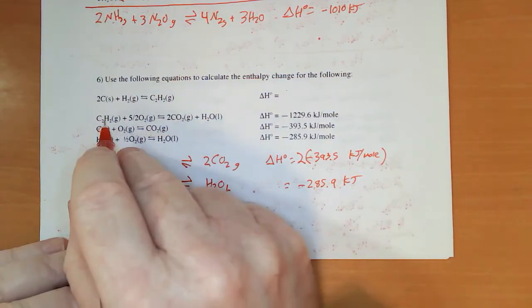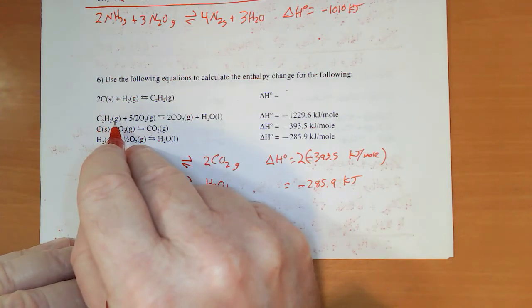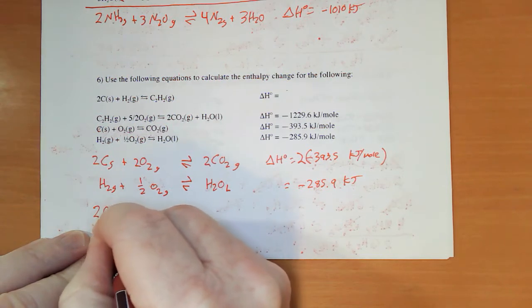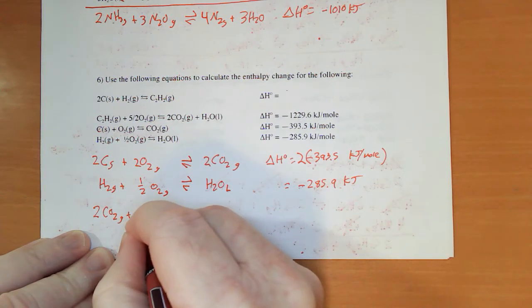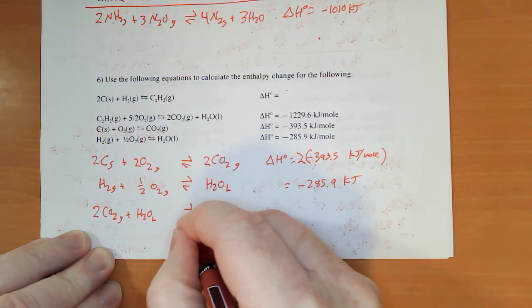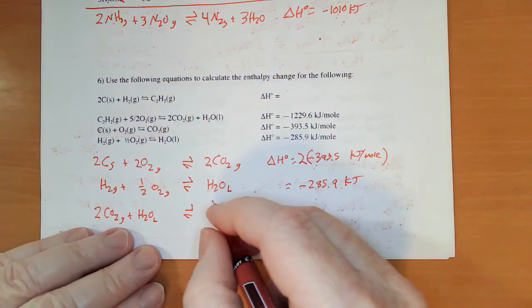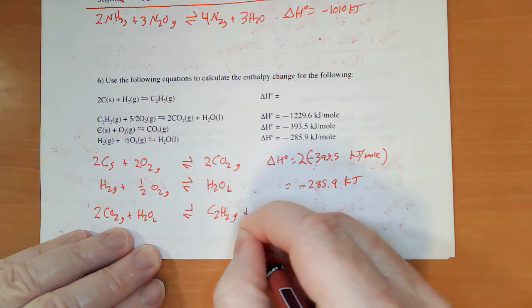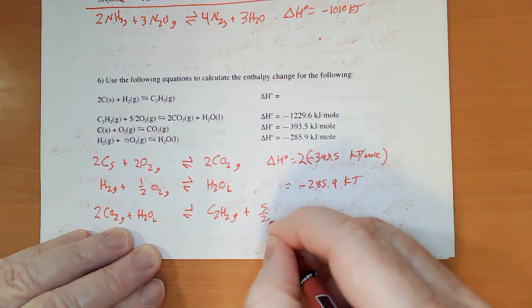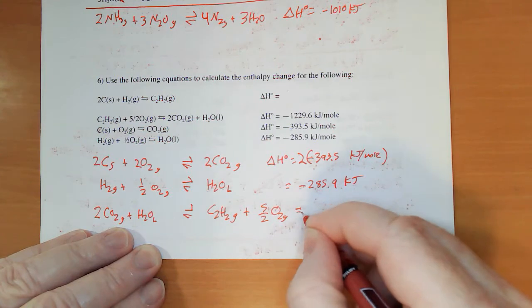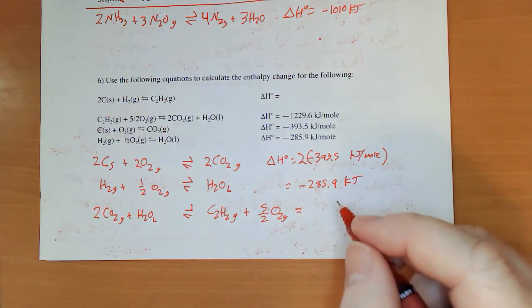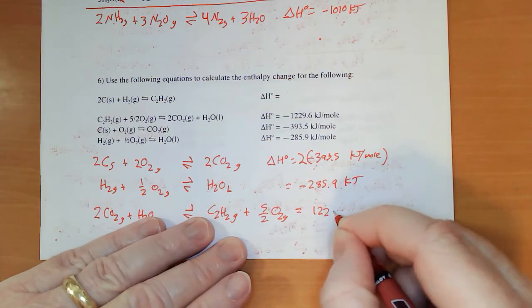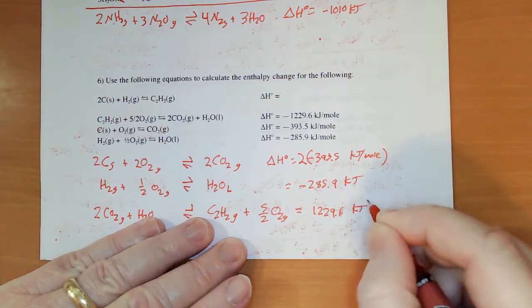And this first equation is good for the C2H2 gas, but I'm going to have to reverse the equation. So 2 CO2 gas plus an H2O liquid is going to give me a C2H2 gas plus 5/2 O2 gas. And I'm going to have to change from a negative to a positive 1229.6 kilojoules.